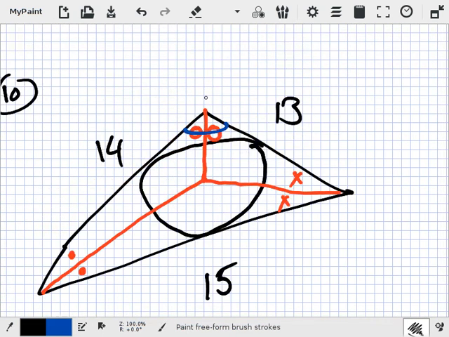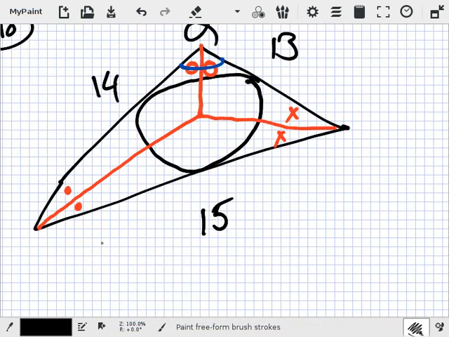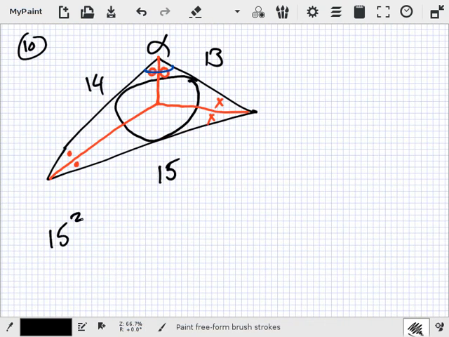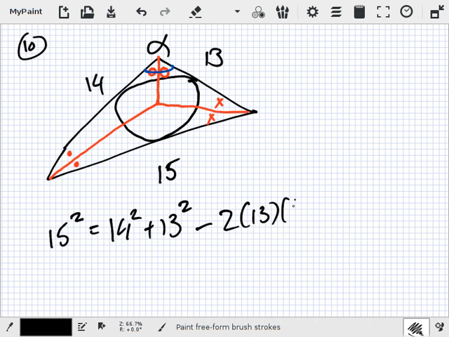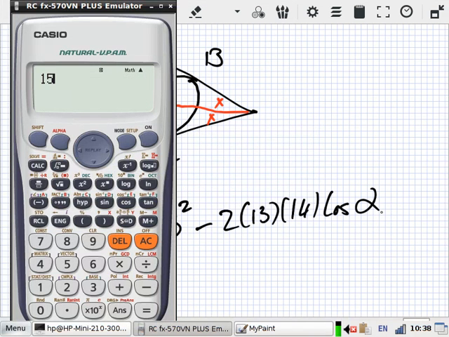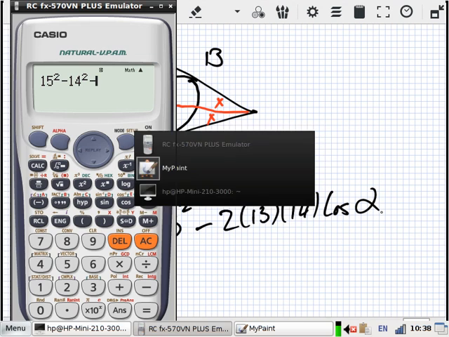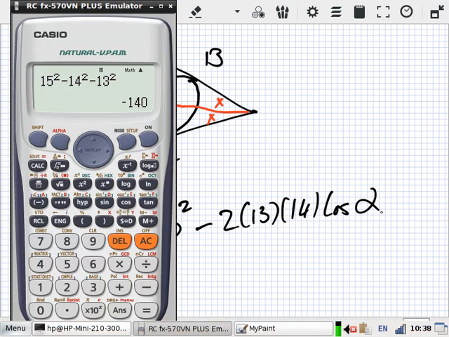So I'll call the big angle alpha. So I can say 15 squared equals 14 squared plus 13 squared minus 2 times 13 times 14 cos alpha. So, 15 squared minus 14 squared minus 13 squared, divided by minus 2 times 13 times 14, that's cos alpha.